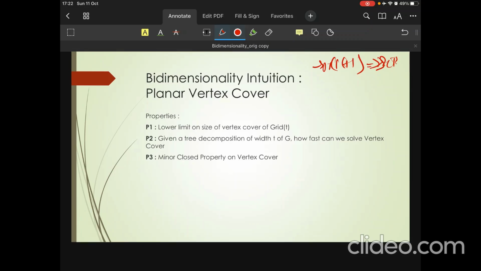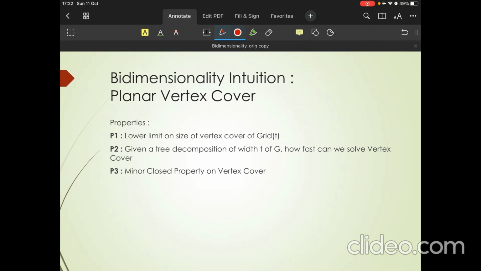Because a great number of problems belong to this class, and we can have a simple mechanism for these problems. So I'll consider planar vertex cover, which is vertex cover on planar graphs, and use the planar excluded grid theorem on minors to find an FPT algorithm with respect to k.